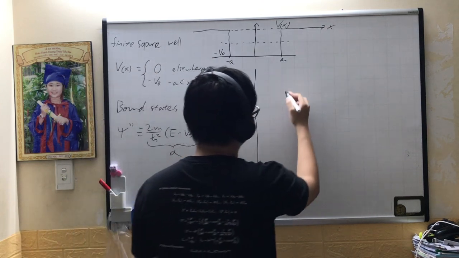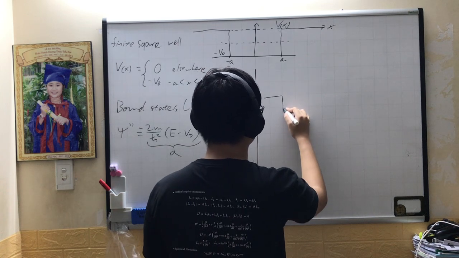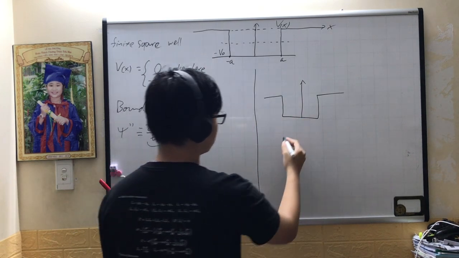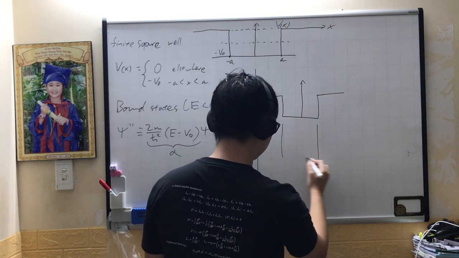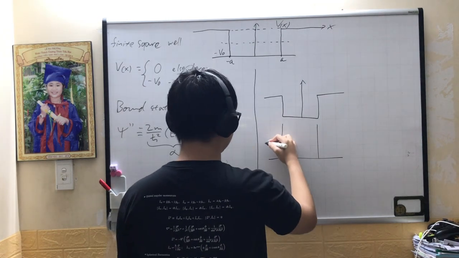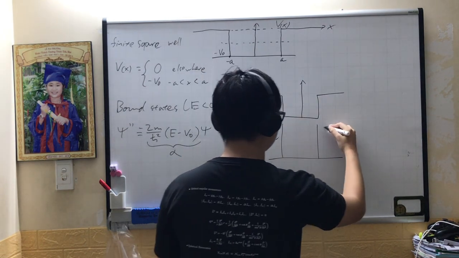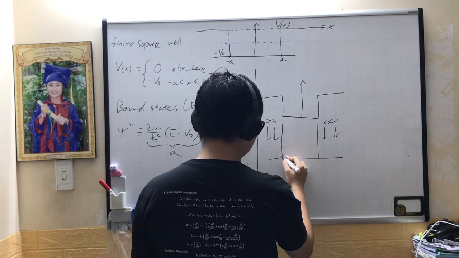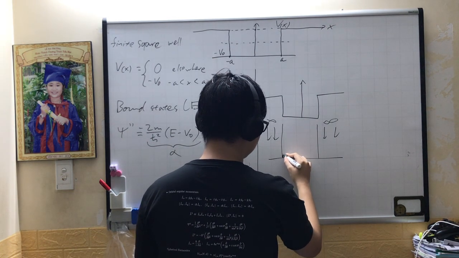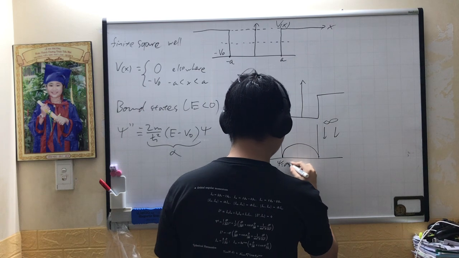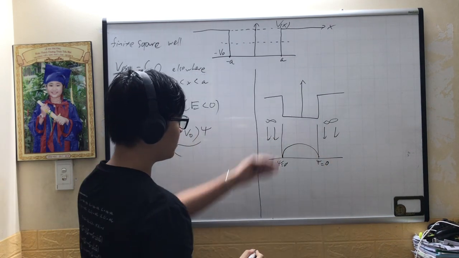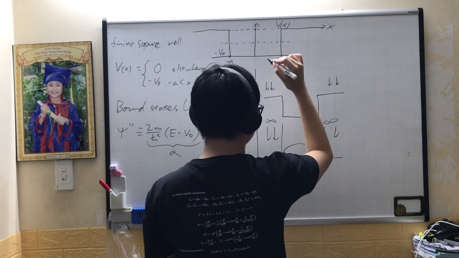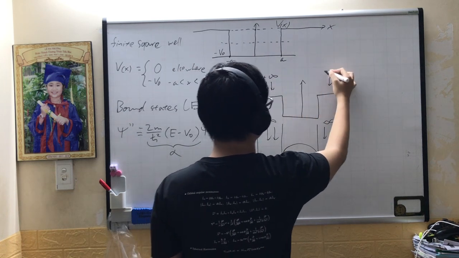Meaning, I will draw another picture for you to imagine. Imagine this is your potential. With infinite walls, for it to be easier to imagine, this part gets pushed down so much because these are infinity. It cannot escape, so it can only be 0 here and 0 here. But here, there is also a potential energy pushing it down, but it is not infinity.